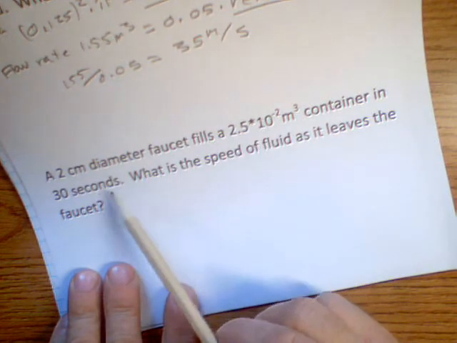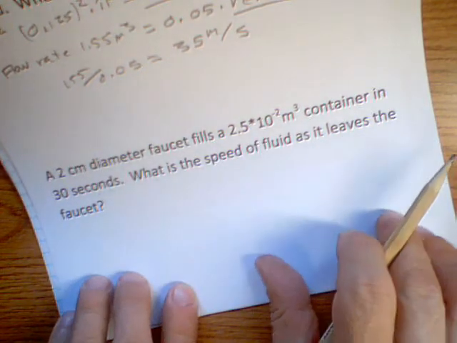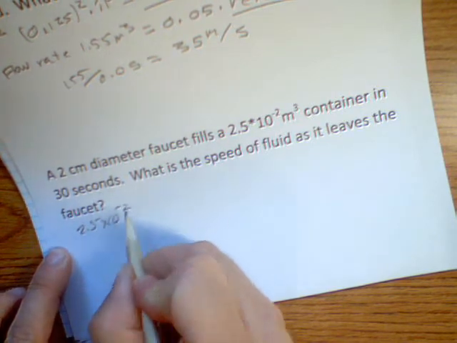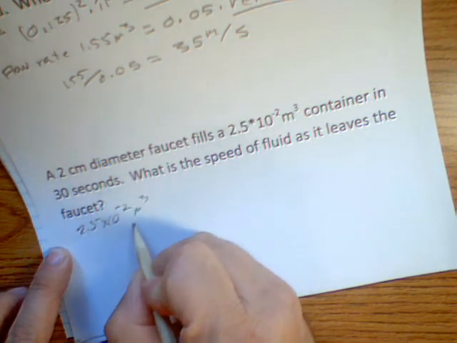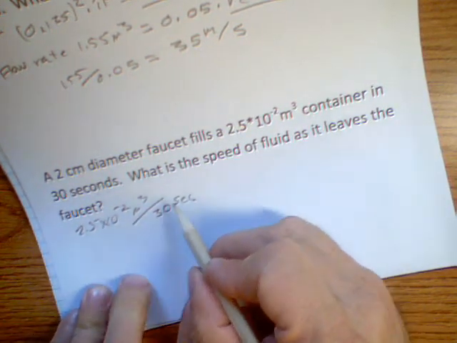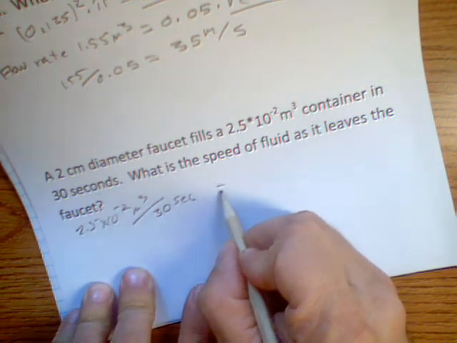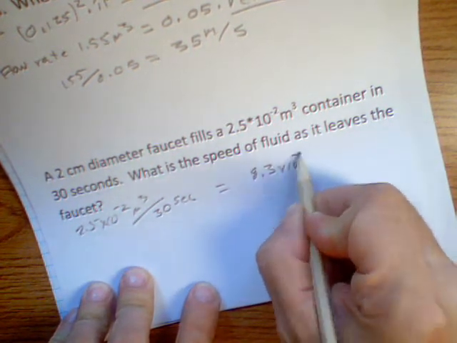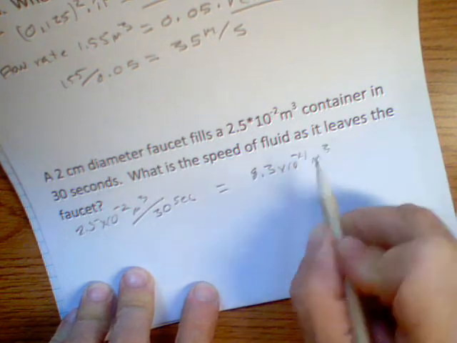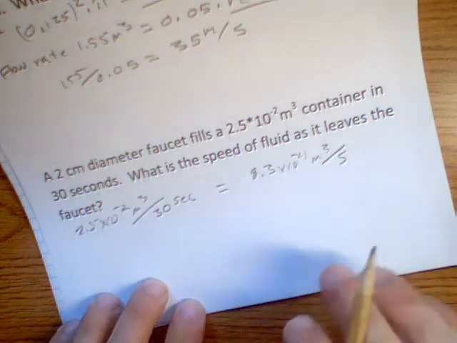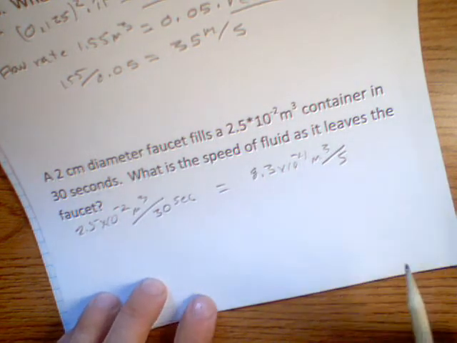So there's a couple of issues that I want to sort out first. So let's take the 2.5 times 10 to the negative 2 meters cubed divided by 30 seconds and just divide that so that we can get how much it is for 1 second. That would be 8.3 times 10 to the negative 4th meters cubed. All I did was divide that so I can get this per second. All right, per 30 seconds is a bit confusing for me.